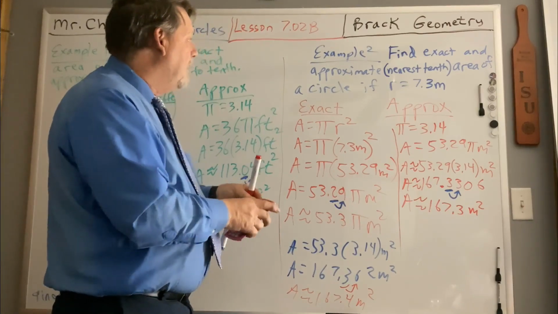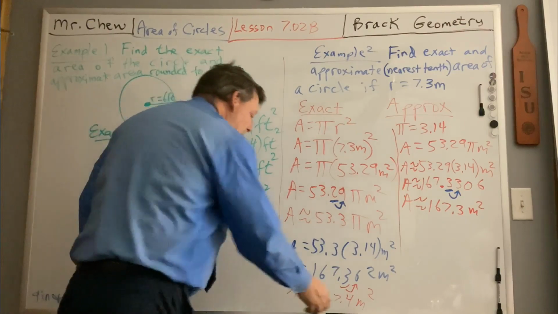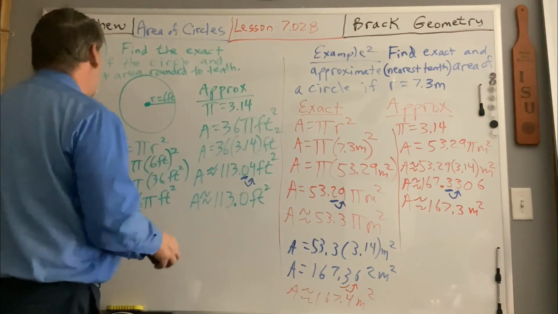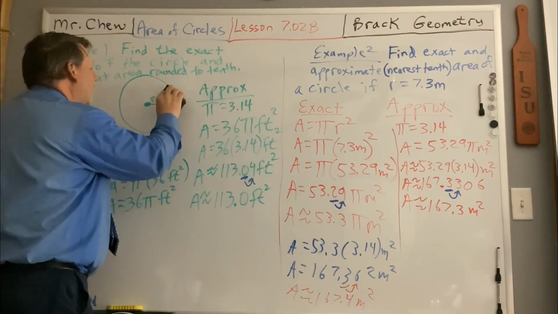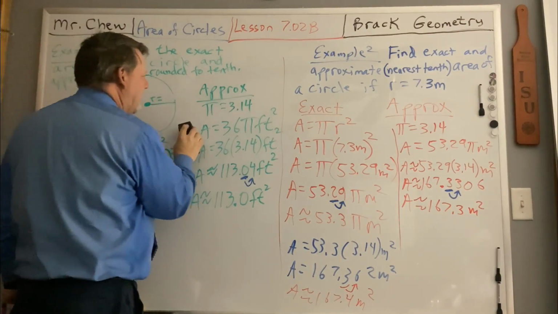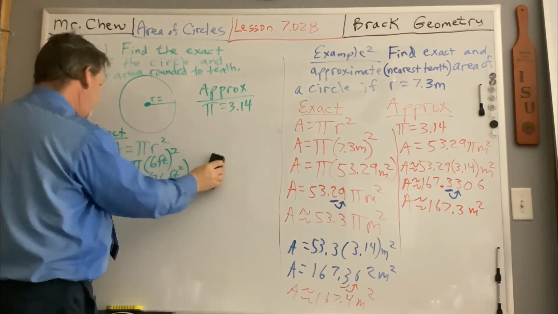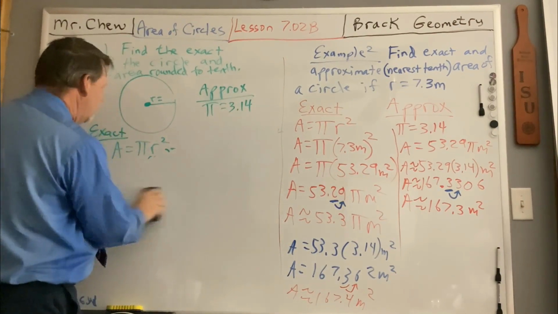So these are the 2 area examples. I'm going to give you a couple of challenge problems now. And in the challenge problems, they're going to be exactly like these, only it's got different areas. And let's see if you can do it now.